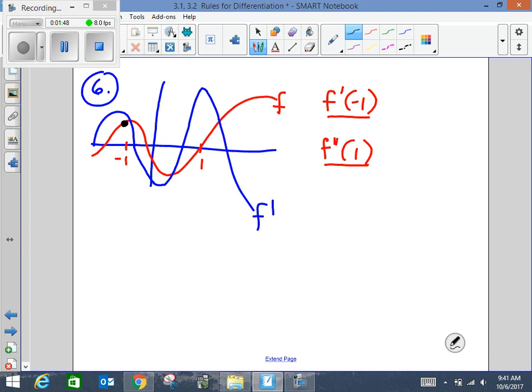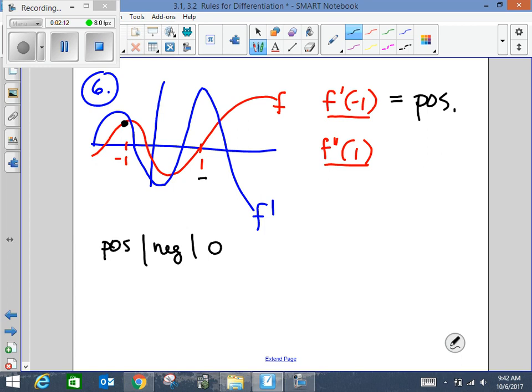Is that what you all had? Okay, we don't have any kind of grid, so we're probably just going to compare positive, negative, or 0. So far, this is what of those three? Positive.